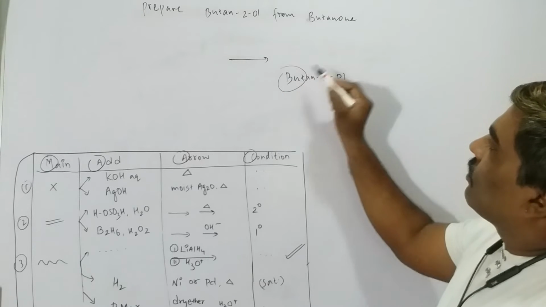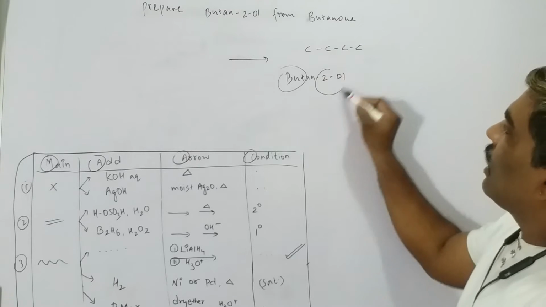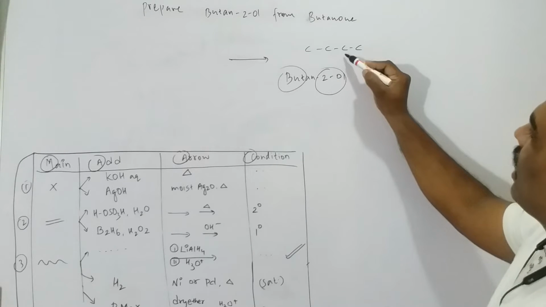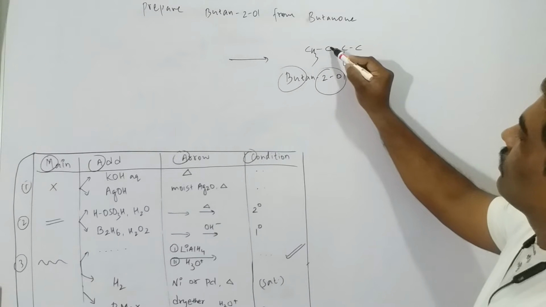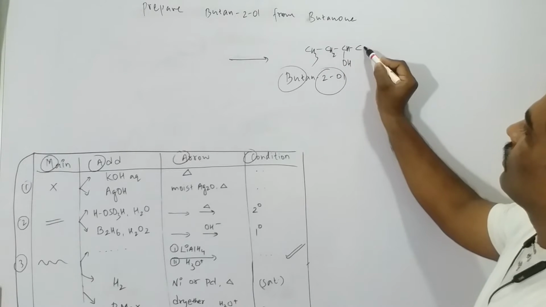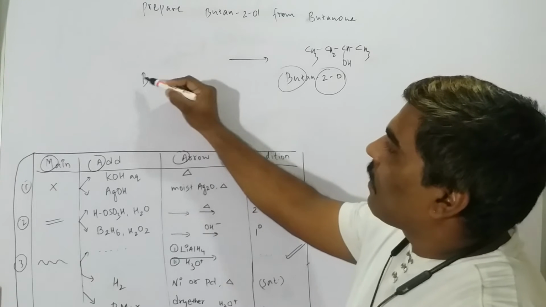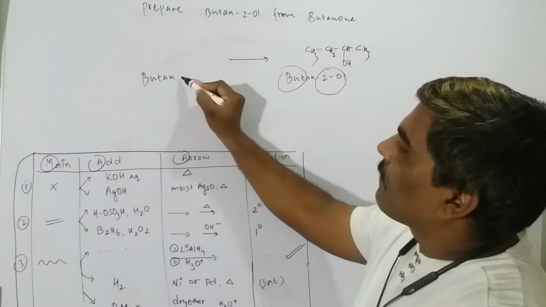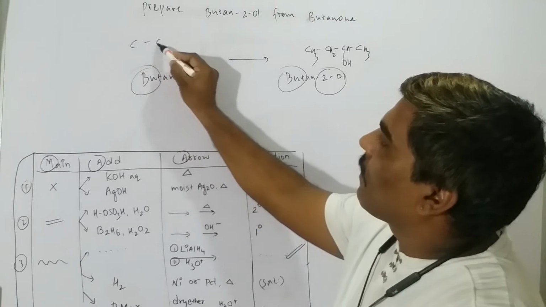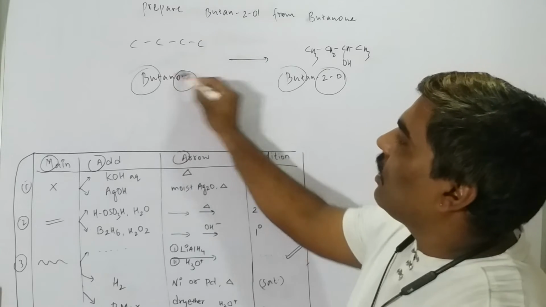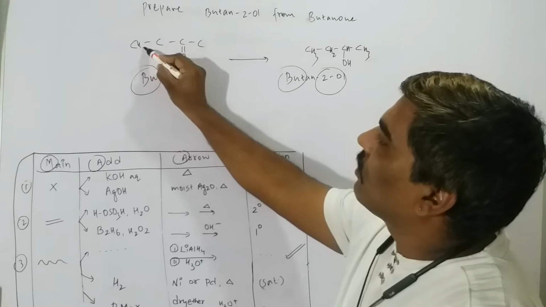So but, 4 carbon. Second number alcohol. So I'll write it here, 3, 2, 1, 3. Now butanone. Again here but, 4 carbon is there. One is ketone, double bond O. Rest all will write.